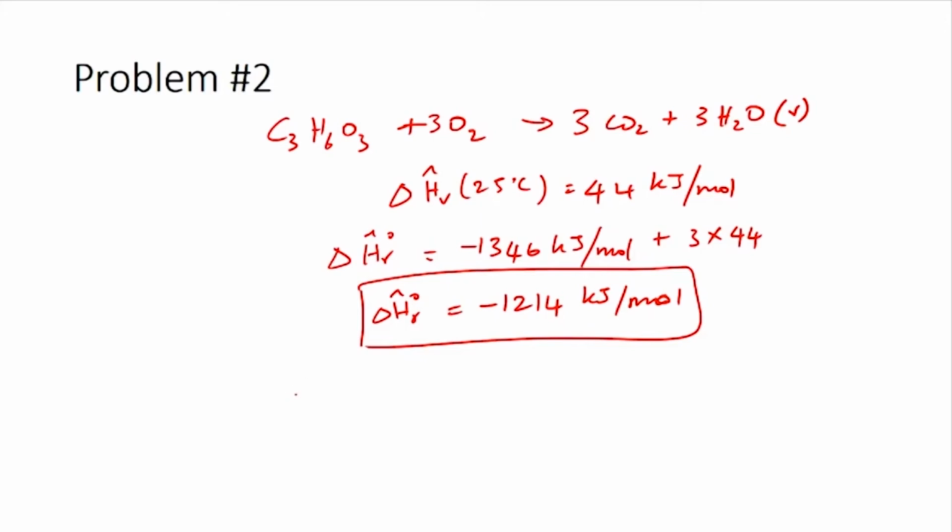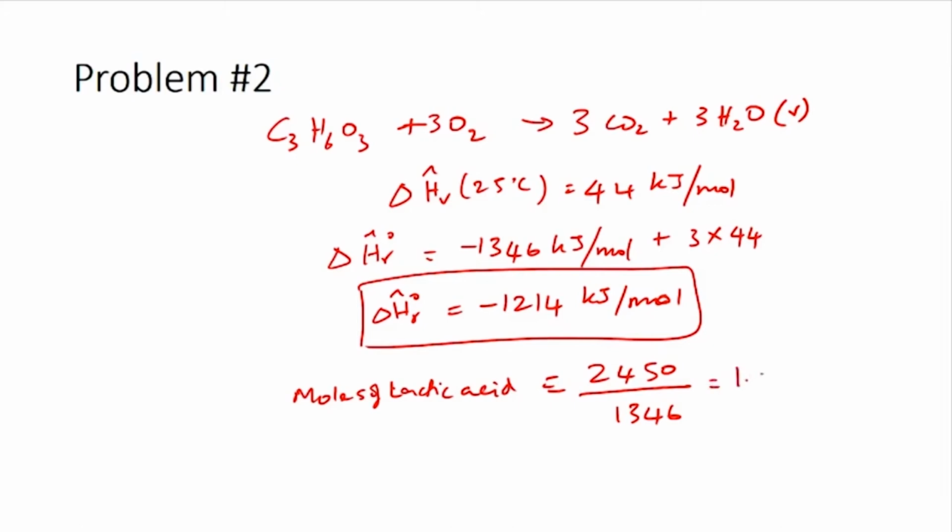So, that would mean moles of lactic acid combusted would be equal to 2450 divided by 1346, where 1346 kilojoules is the amount of heat which would be released when 1 mole of lactic acid is burnt.